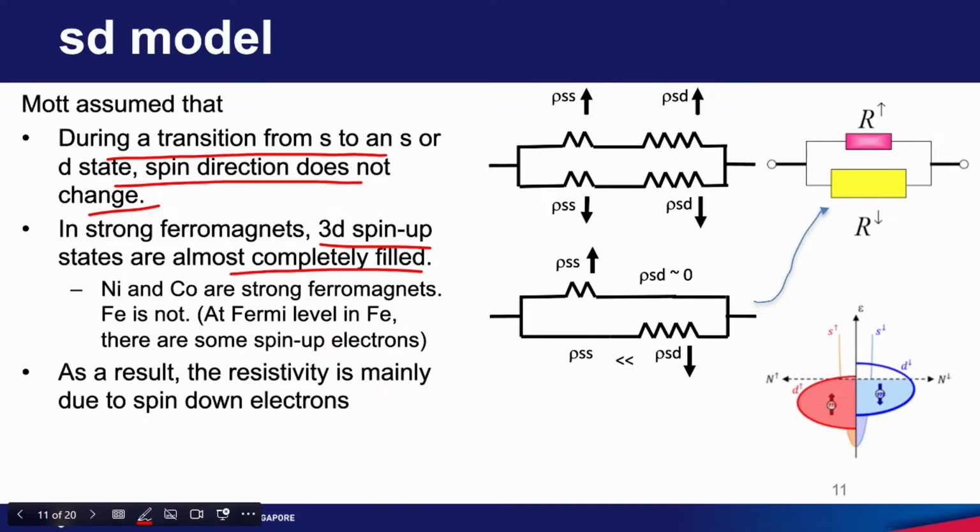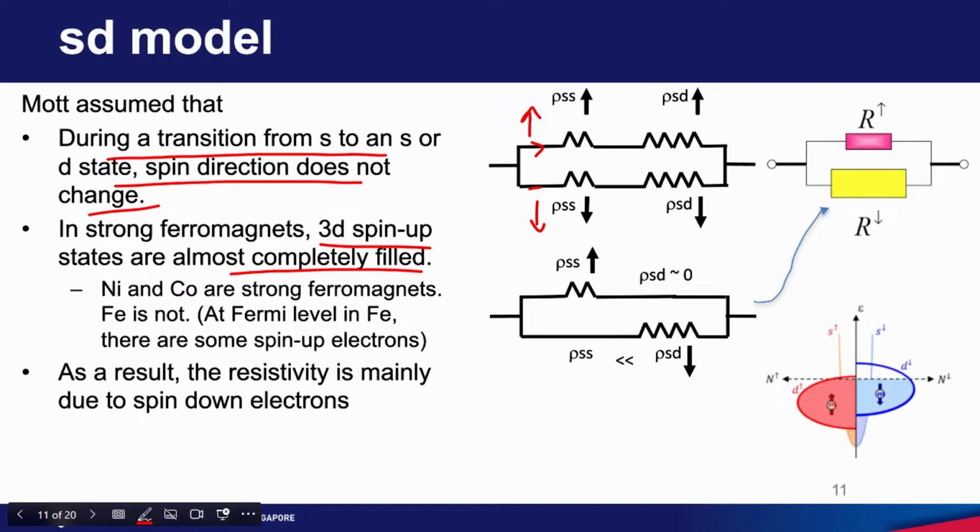So, we can draw an equivalent resistance diagram. Now we know that this channel is for spin up electrons, and we have another channel for spin down electrons. Spin up electrons have two possibilities: S up can get scattered into S up, or S up can get scattered into D up state.